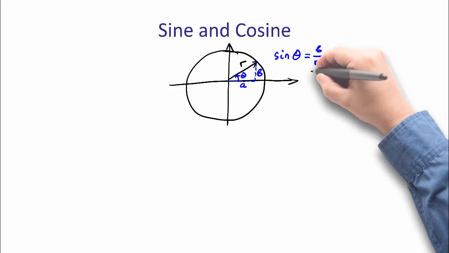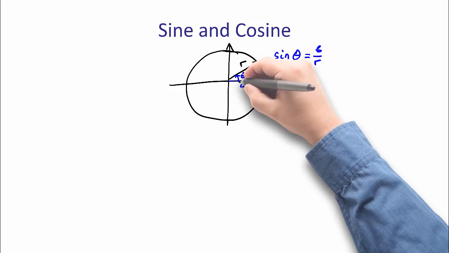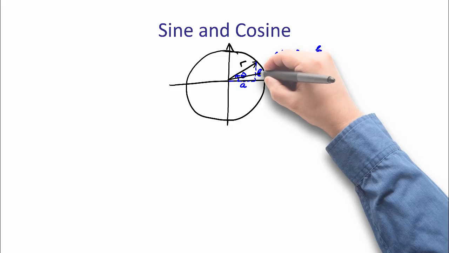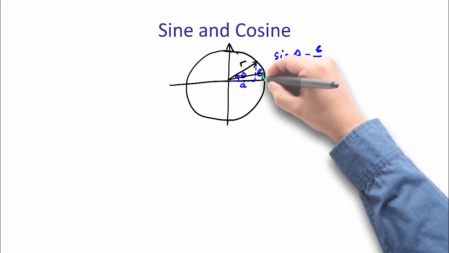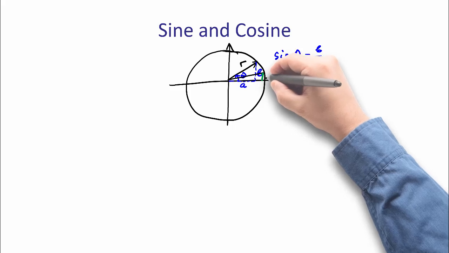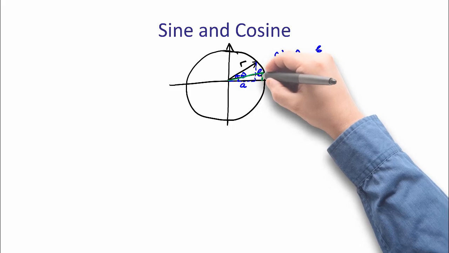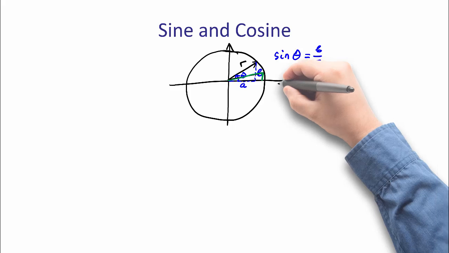Now, obviously, when angle theta is very close to 0 here, we will get something like that. And then this side b will be very, very small. So b divided by r, which is here, will be very close to 0. So sine should start with 0.